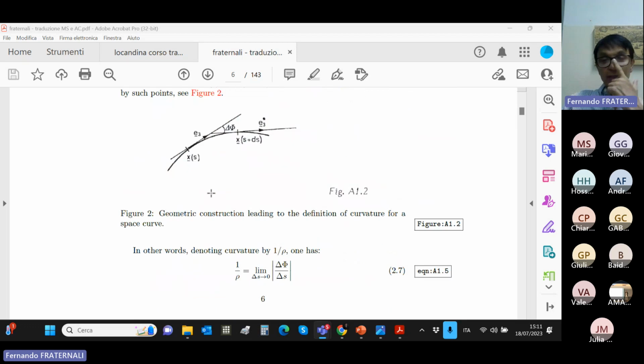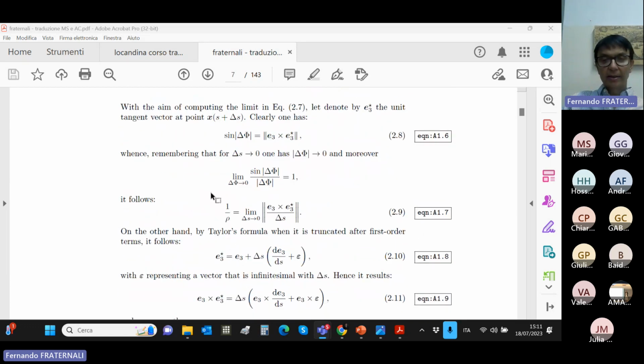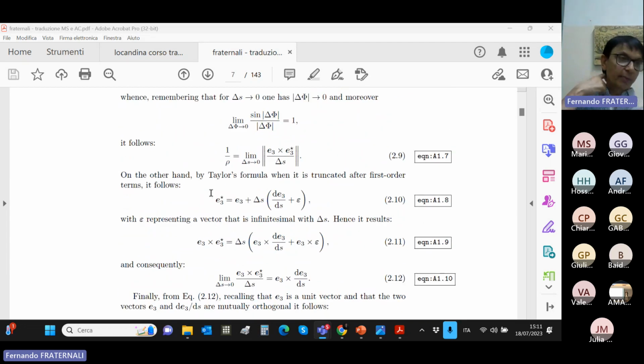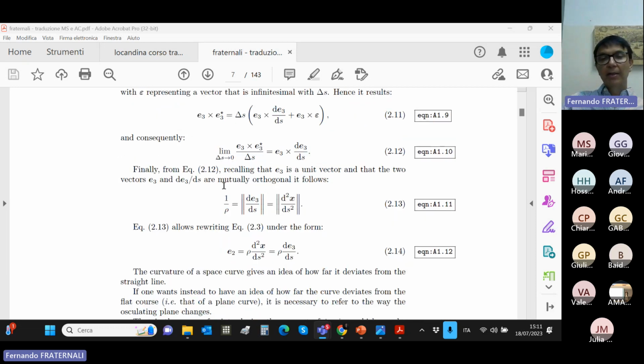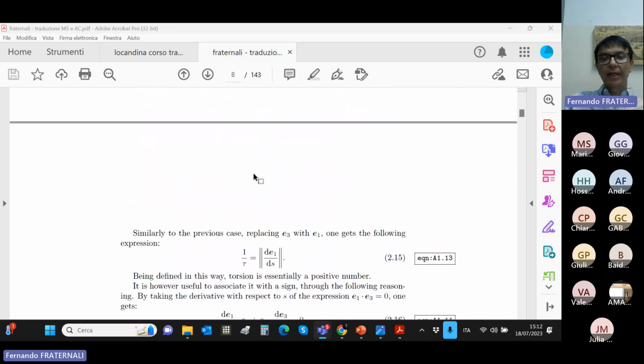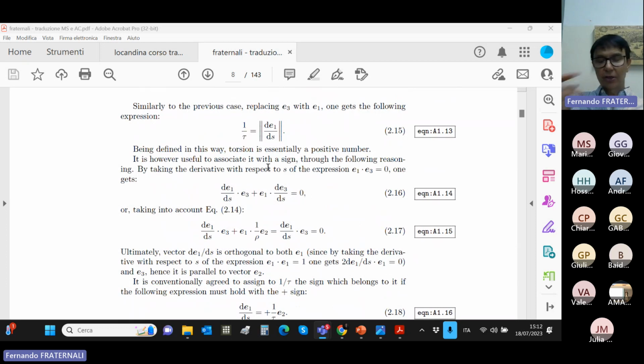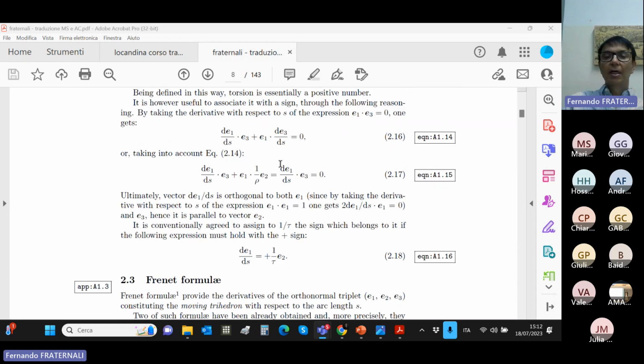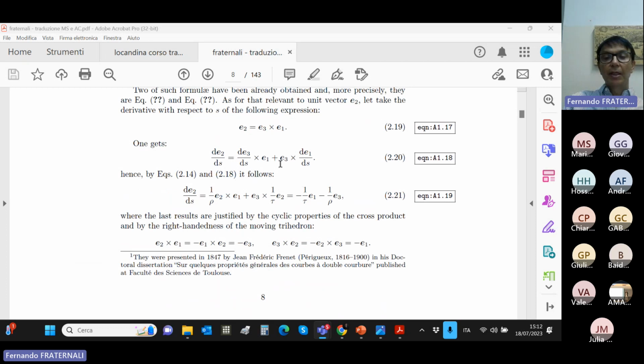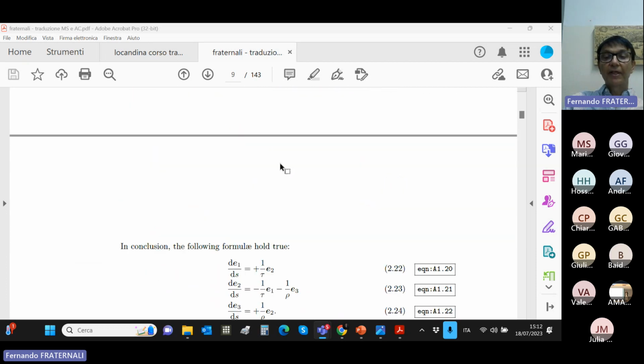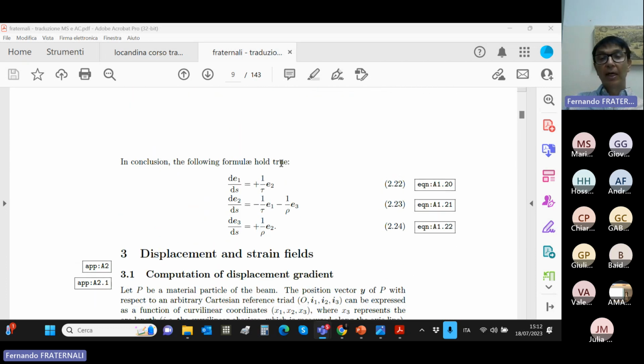So with these preliminaries, and Antonio yesterday presented the main point of the analysis, the differential geometry analysis that we will use, the main results, which are the Frenet formulas. The Frenet formulas are summarized here by these three equations.